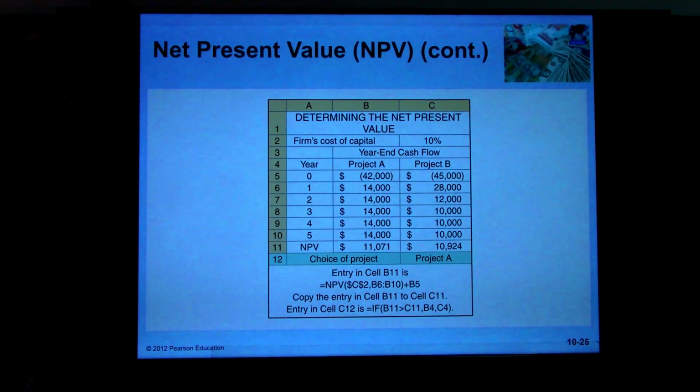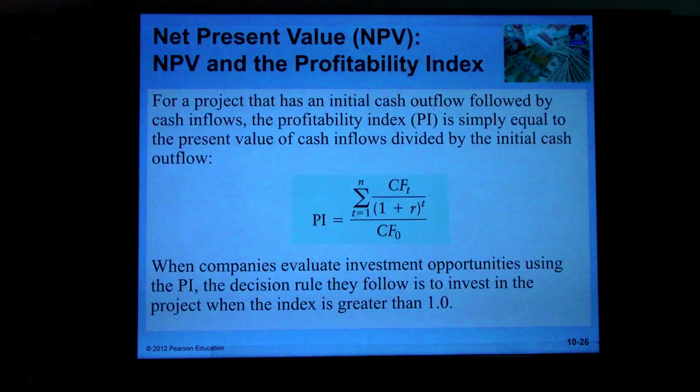Then you must be aware of the decision criteria related to NPV, where if NPV is positive, you are going to accept the project. If the NPV is negative, you are going to reject the project. If NPV is equal to 0, in this case, it's a neutral decision.